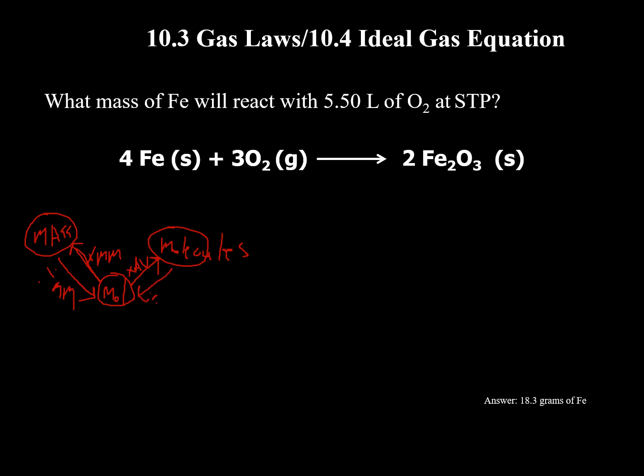Likewise, if we want to go from molecules to moles, we divide by Avogadro's number. We also talked about in the chapter about molarity, if we want to go from moles to concentration, or big M, we divide by the volume. And if we want to go from concentration to moles, we multiply by volume.